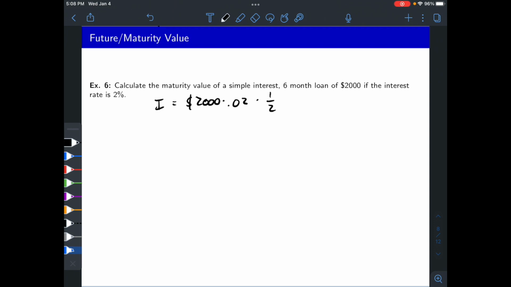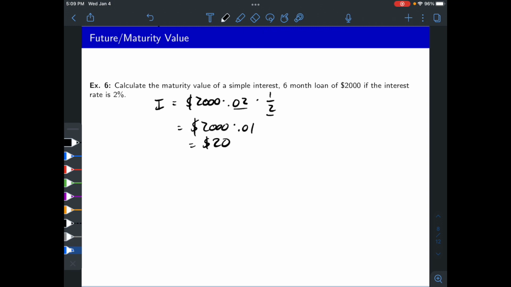Okay, 2,000 times 0.02 times a half. Well, half of 0.02 is 0.01. And then 0.01 times 2,000 is, well, 0.1% of 2,000 is 2. So this would just be $20. Here I'm moving the decimal right 3, here it's left 2, so it's 2.